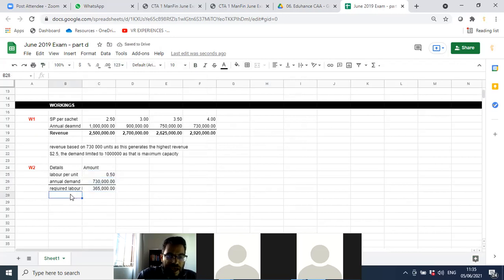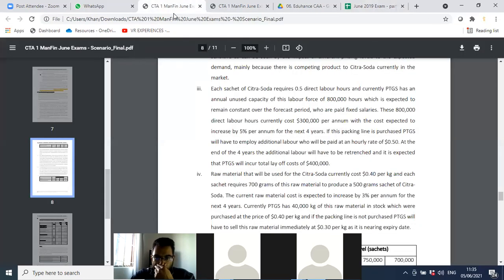Now, labor costs per hour. I see 0.5. Let's go back. Labor cost per hour, it is 0.5. If this packing line is purchased, each sachet requires 0.5 direct labor hours.